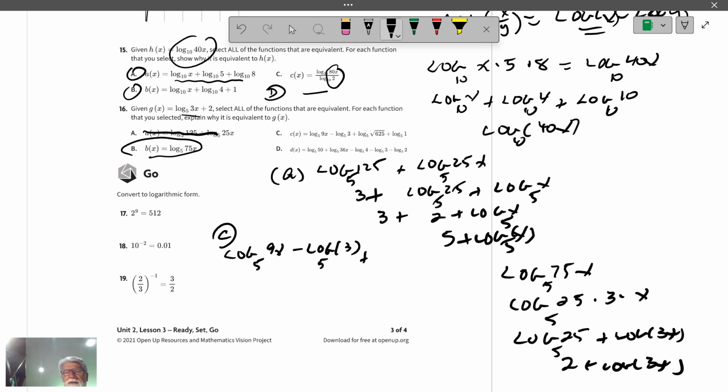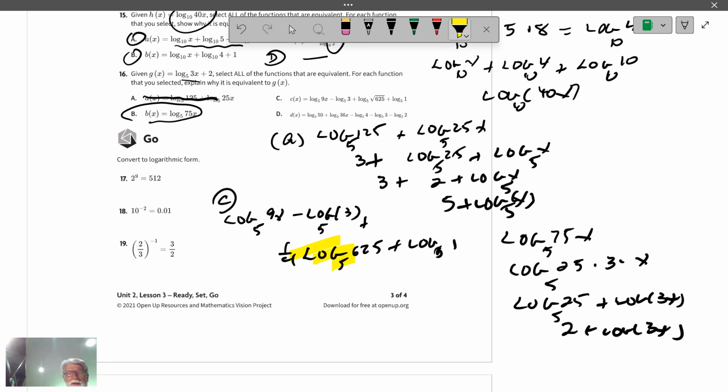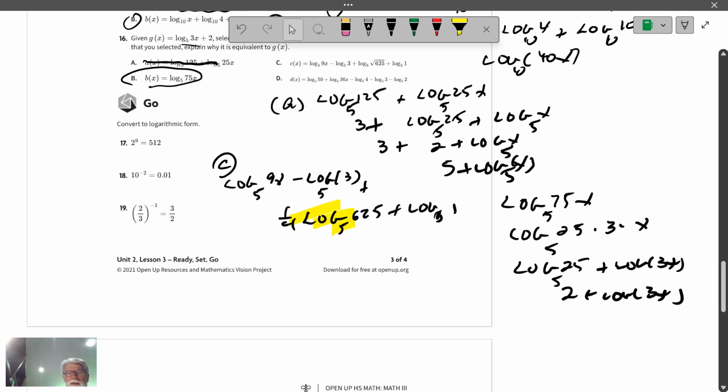Now, the next one, 625, is 5 to the 4th power. So that's going to be 1/4 the log of 625 in base 5. And the last one is the log of 5 in base 1. So if we look at this term right here, is worth what, 3/4? Actually, let me just compress it all together.